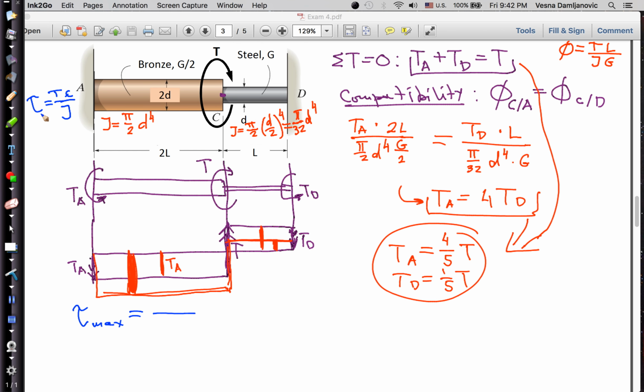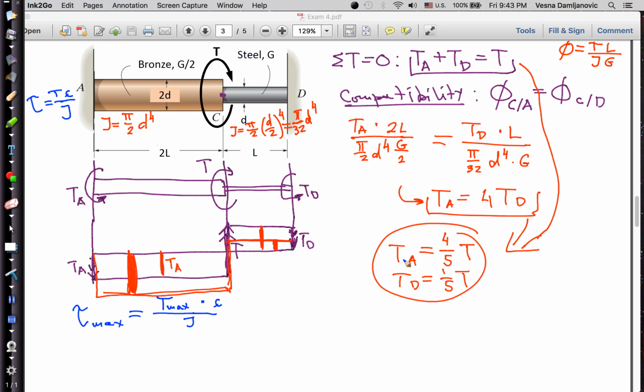And so now, in order to use this formula, we need to make sure that for whichever section this internal torque T is, these two also correspond to that section. But if you have tau max, then you have to say that corresponds to the maximum T. So that's T max times C for that section over J for that section.